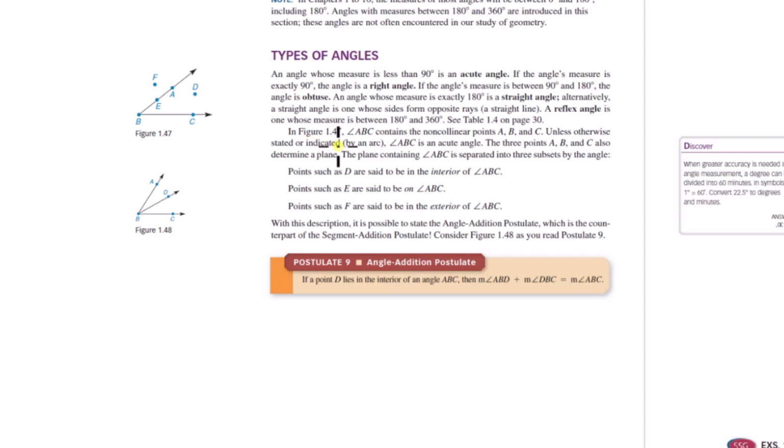In figure 1.47, angle ABC contains the non-collinear points A, B, and C. Unless otherwise stated or indicated by an arc, angle ABC is an acute angle. Oh, okay. So what are they saying here?